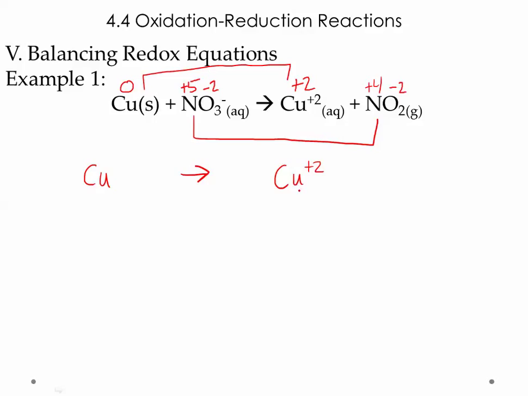Next we need to balance the oxidation numbers by adding electrons. Over here copper is 0 and over here it's +2. So we need to get this +2 down to 0. We're going to add 2 electrons to this side, so this oxidation number is 2 minus 2 is 0.